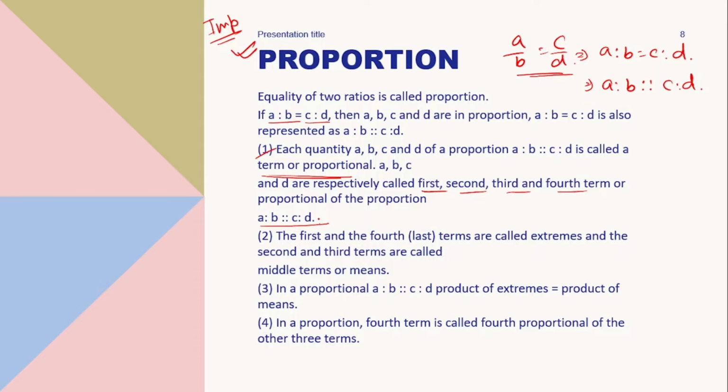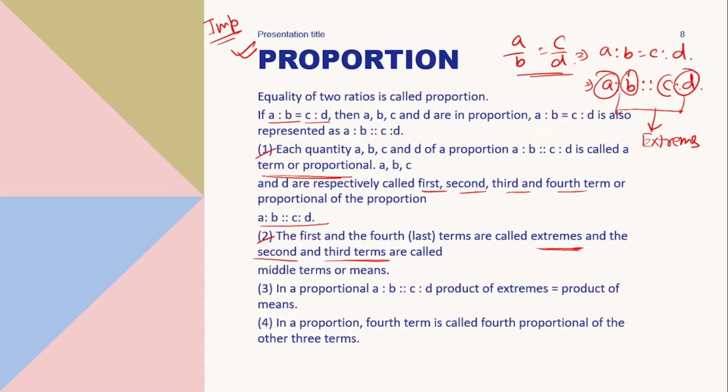Okay, the second part. It is said that the first and the fourth, last term are called the extremes, where a and d both are called extremes, and the second and the third terms are called means.